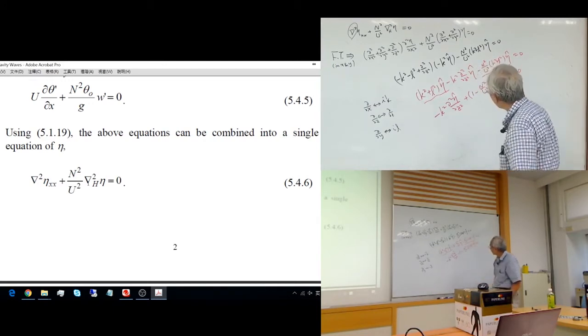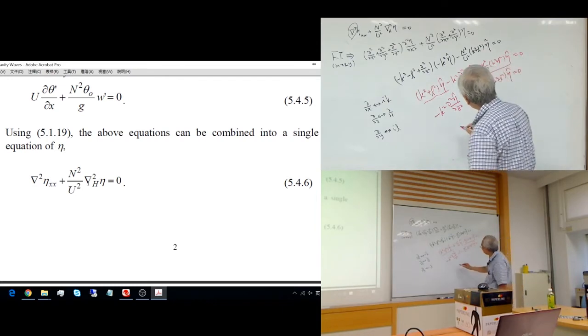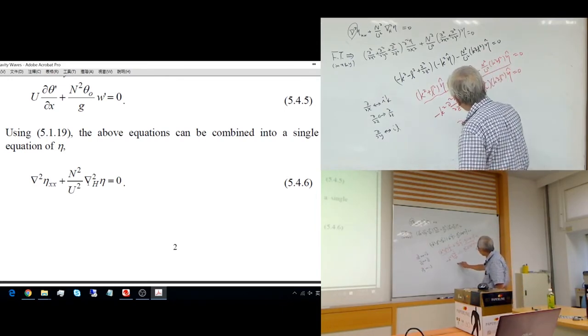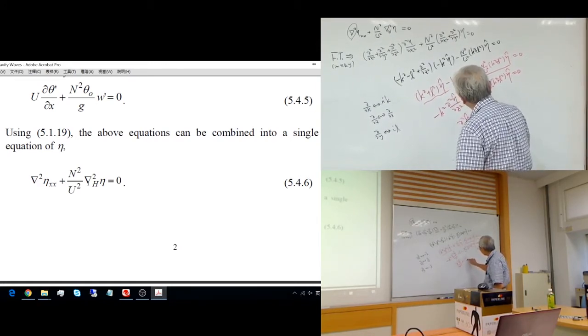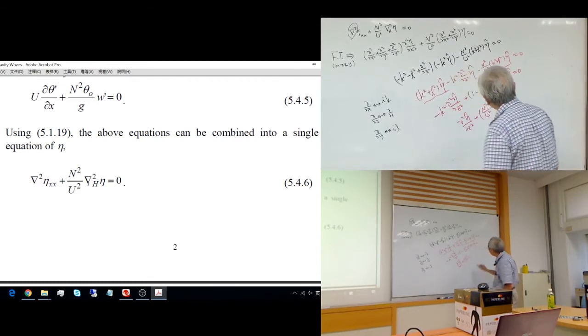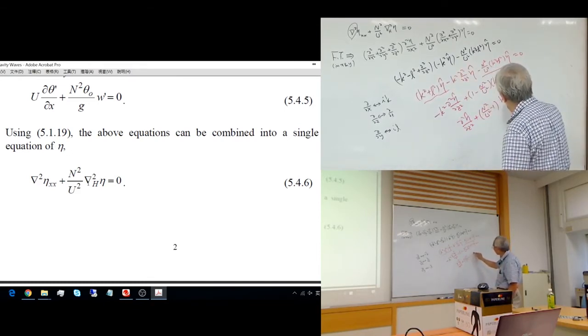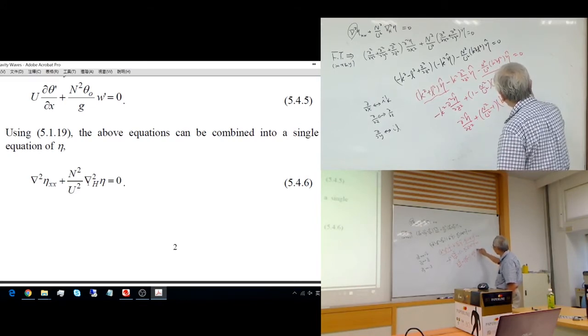So this becomes the second derivative of eta hat with respect to g, and then plus (N squared over U squared minus 1), times k squared plus l squared divided by k squared, times eta hat equals 0.